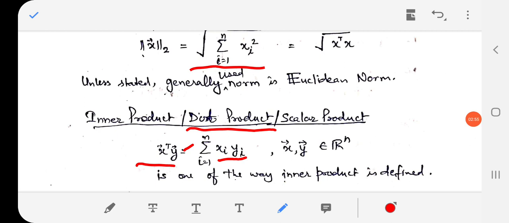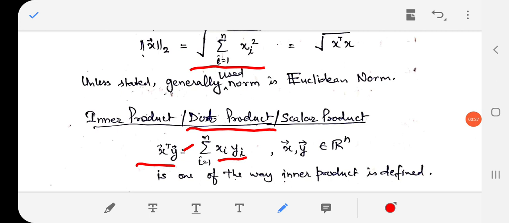There are a lot of inner products, and out of that the dot product is the most widely used. And we'll see what it means by inner product and how this inner product can actually help us in doing things in machine learning, right?